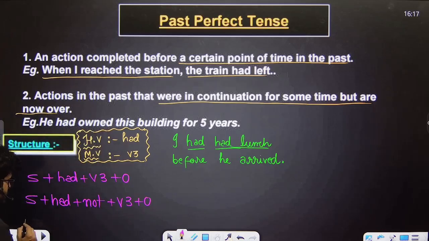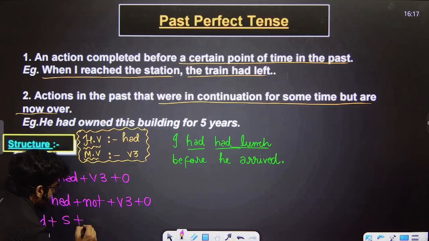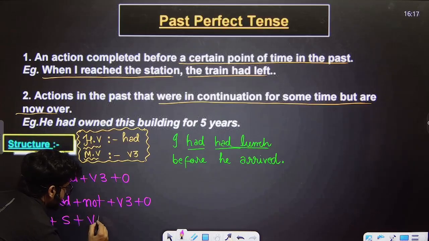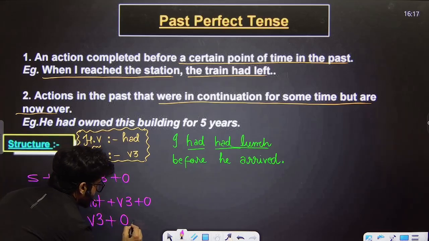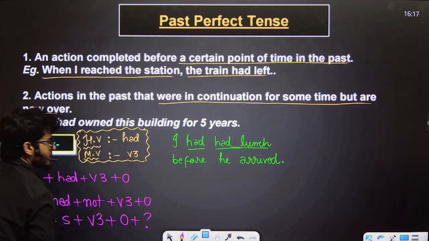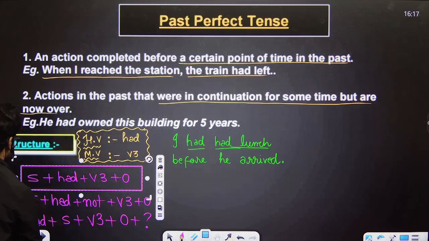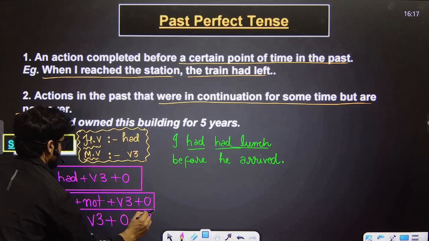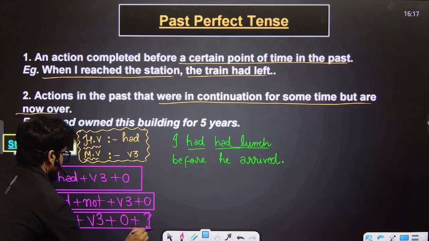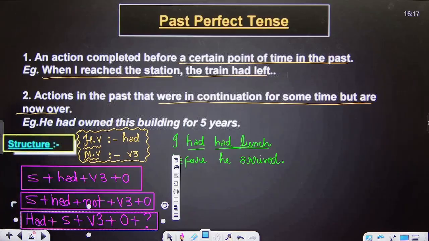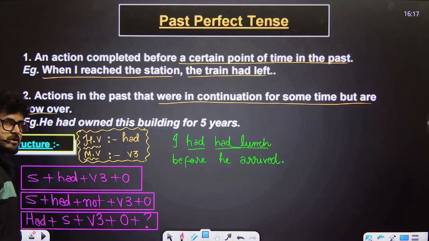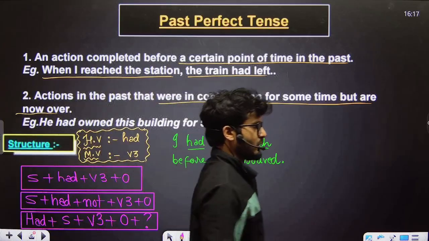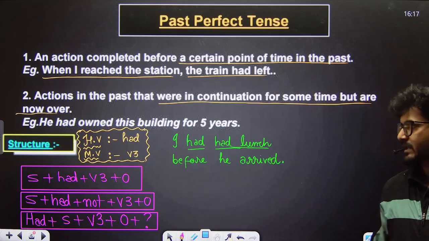Interrogative case: had plus subject plus verb 3 plus object plus question mark. Hurry up, note it down first. Beside each structure you need to mention the sentences. Frame the sentences.